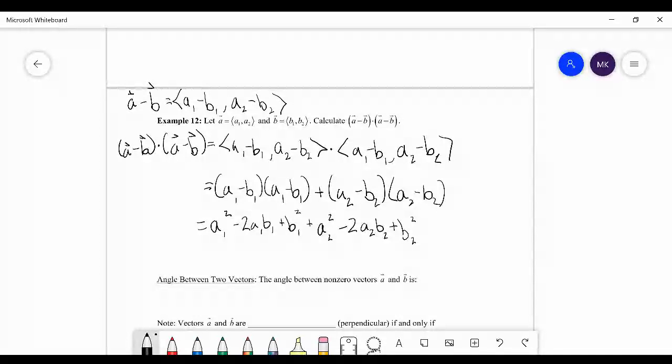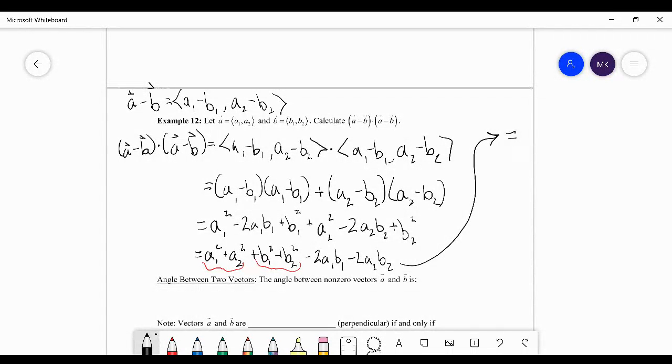Okay. Do a bit of fancy rearranging here. You have A1 squared plus A2 squared plus B1 squared plus B2 squared and minus 2A1 B1 minus 2A2 B2. Now the reason I did that is because this and this give me two nice little things.